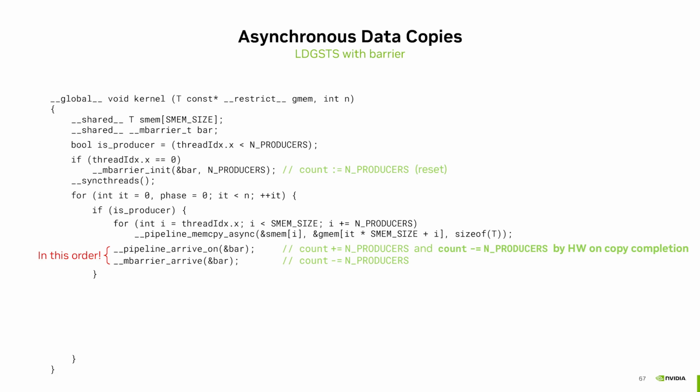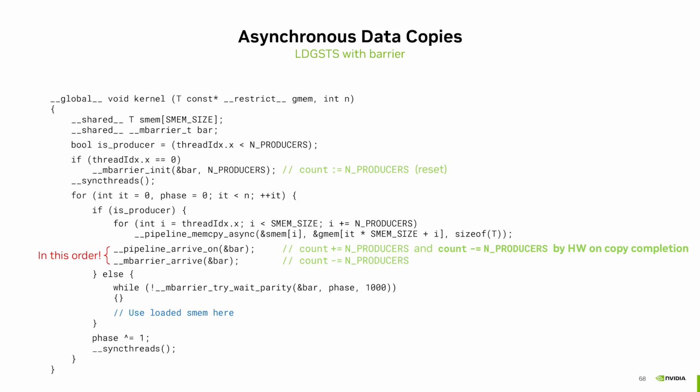On each iteration, the arrival count is reset with the number of producers, and then this arrive attaches the barrier to the previous asynchronous copy, and since it's an arrive, it adds another number of producers. So the total number of arrivals can go up to twice the number of producers. Then hardware will automatically decrement the count on completion, so it can go back down to N producers.